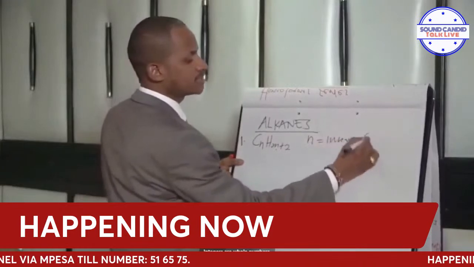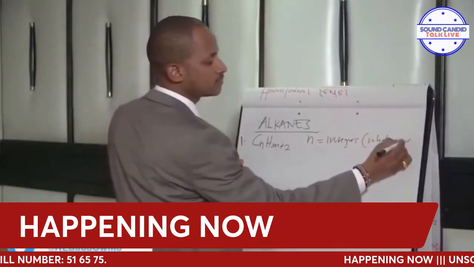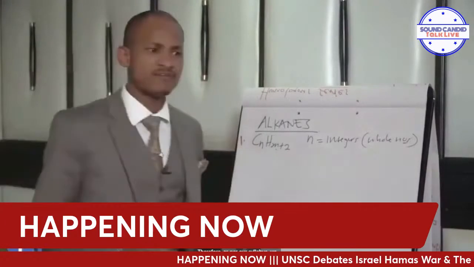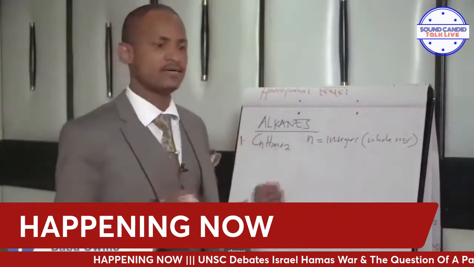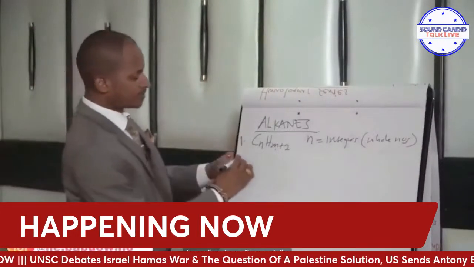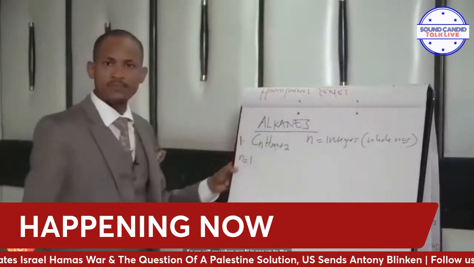Integers are whole numbers. As per our syllabus, we'll only deal with the first 10 alkanes, so n is 1 up to the 10th value.